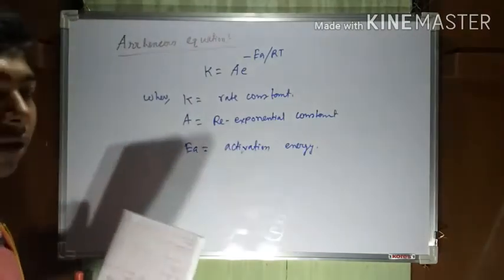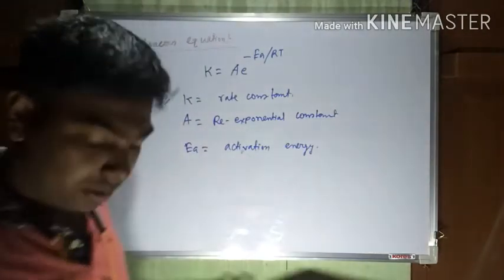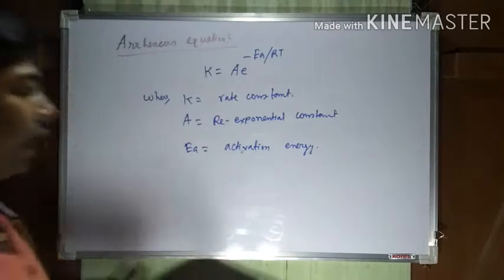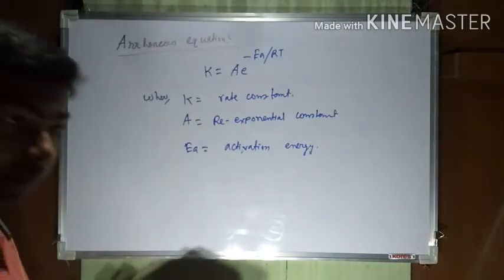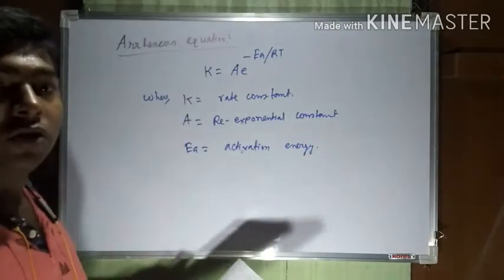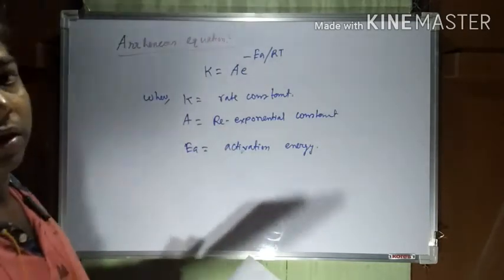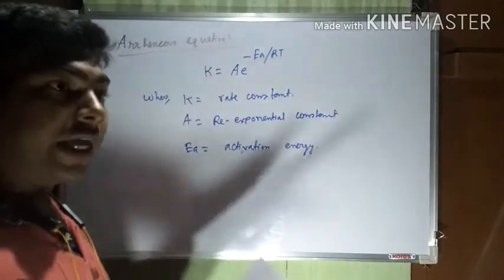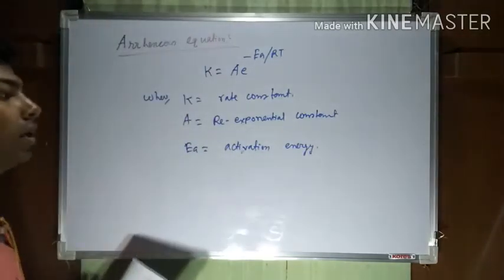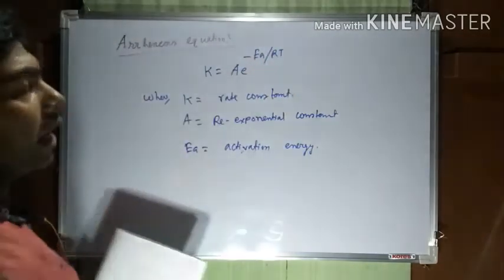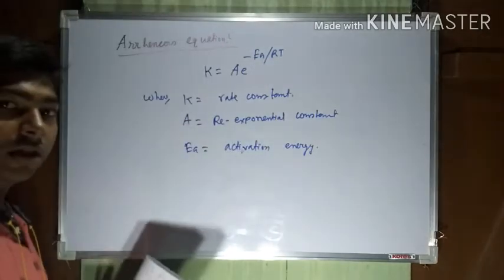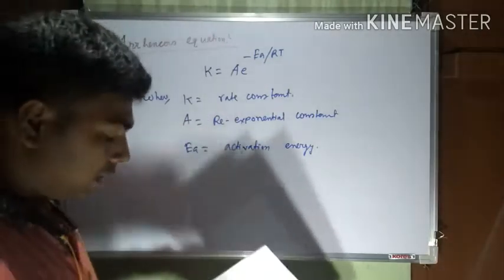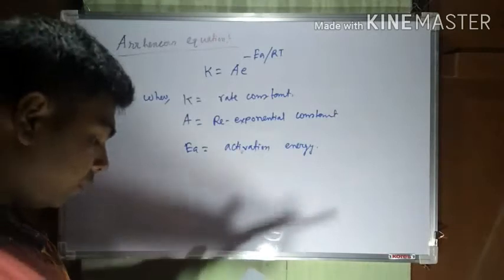Now, what is the meaning of activation energy? Activation energy means the energy which is required to activate the reaction to form product. We will discuss the graphical representation, or the actual meaning of activation energy. Next is R and T. R is obviously the gas constant and T is the temperature.